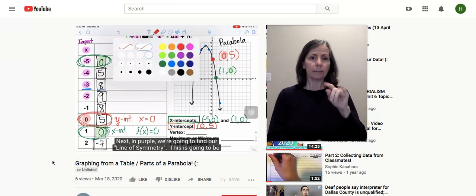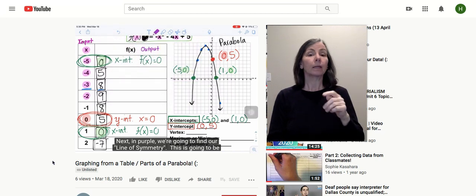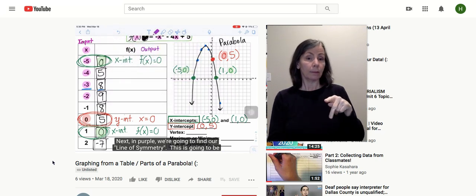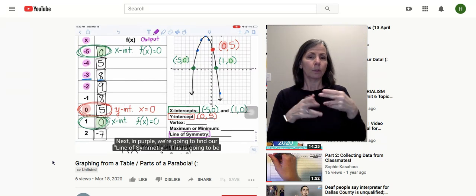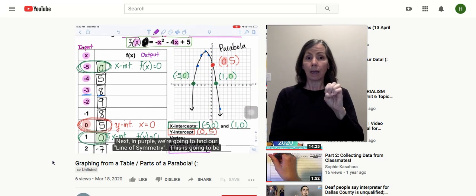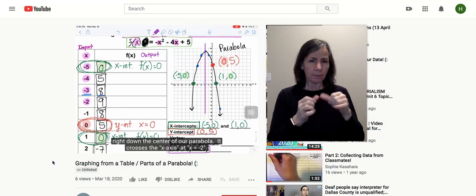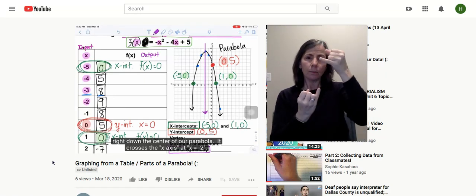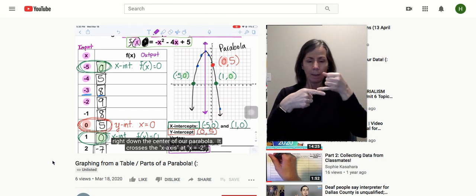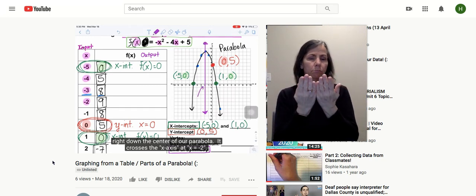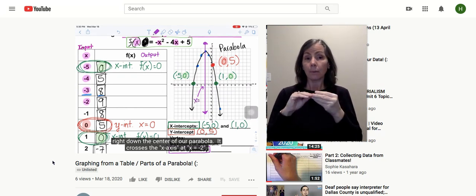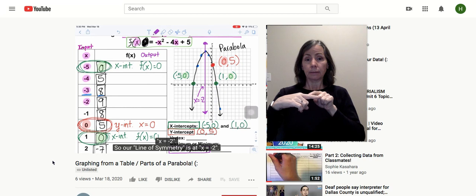Next, in purple, we're going to find our line of symmetry. This is going to be right down the center of our parabola. It crosses the x-axis at x equals -2.